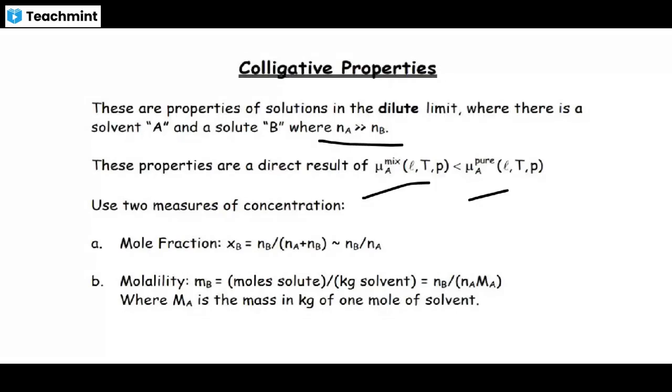Mole fraction xB is nB divided by the total moles. Molality mB is moles of solute divided by kg of solvent. Here nA is the moles of A and MA is the molar mass in kg of one mole of solvent, so moles times molar mass equals the number of kg of solvent.